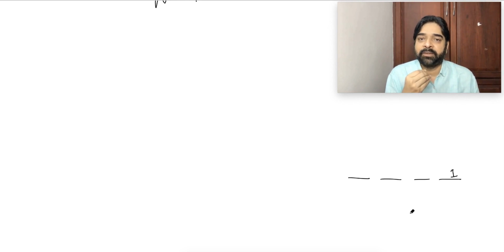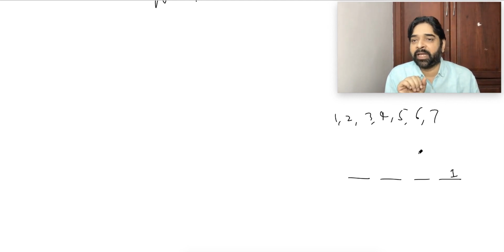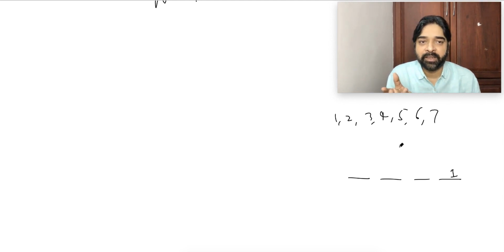You have to speak. If I make a new question using the digits 1, 2, 3, 4, 5, 6, 7, how many 4-digit numbers can be formed whose unit place is 1? Speak. This is a new question. How many numbers are there where the unit place is 1?